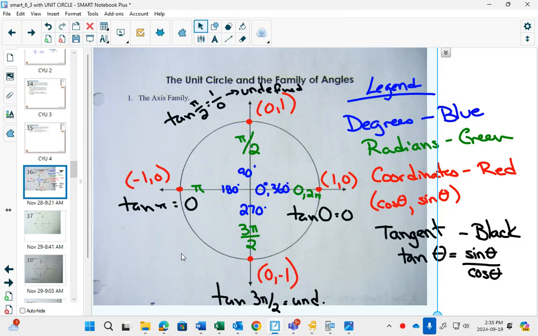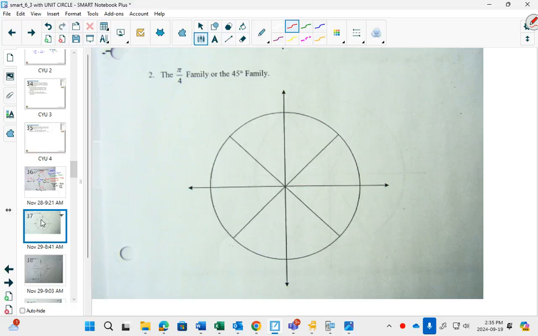Okay, family number 2. Our red dots are here, here, here, and here. And this is the 30-degree family, 45-degree family. The 45-degree family will be all of the angles where 45 degrees is the reference angle. In quadrant 2, if this was a 45-degree reference angle, you would go 180 minus 45, and this angle would be 135 degrees.